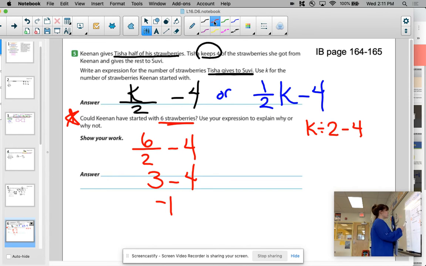We don't have enough strawberries to do this. So could he have started with 6 strawberries? No. And let's explain why.